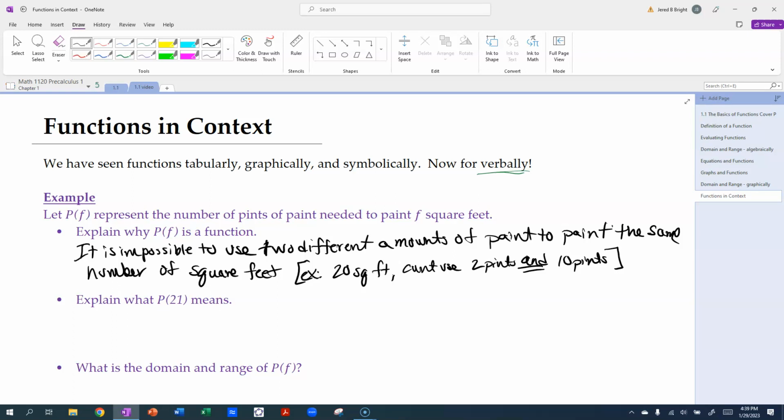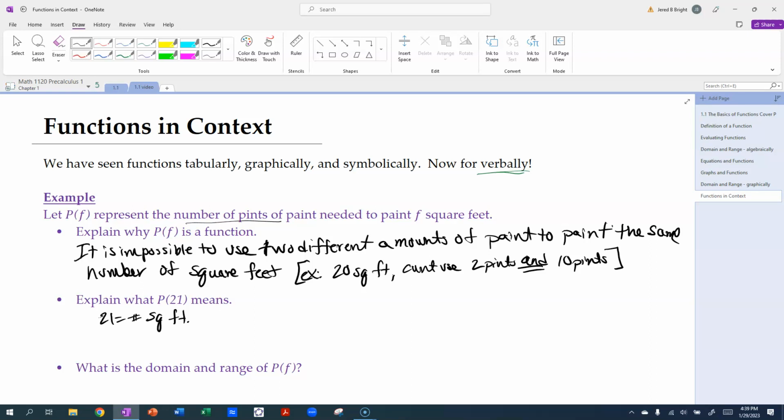What does P of 21 mean? I answered the first question. Now, P of 21: F is 21, so 21 is the number of square feet, and P of 21 would be the number of pints.